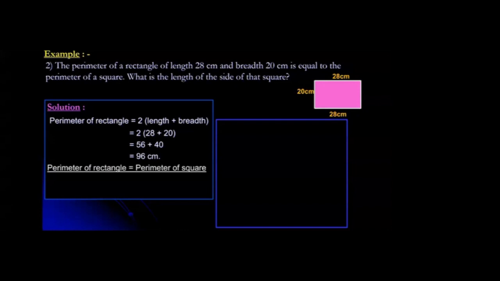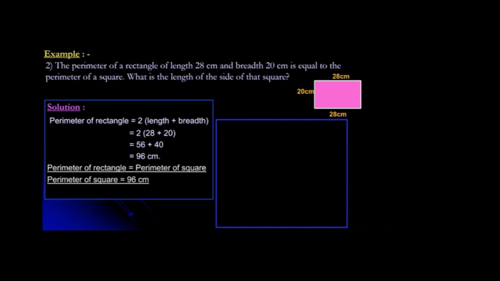So the perimeter, and one more thing given in the question is that the perimeter of a rectangle is equal to the perimeter of a square. And what perimeter of rectangle we got? We got the perimeter of rectangle as 96 centimeter. And as per the question, the perimeter of square will be 96 centimeter. And here we have to find out the length of the side.